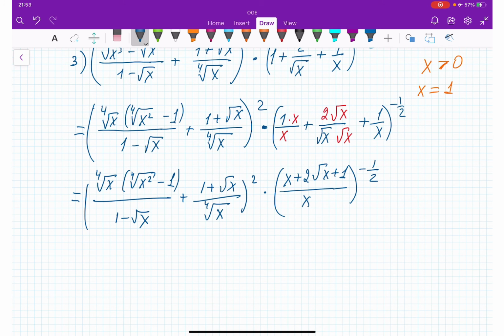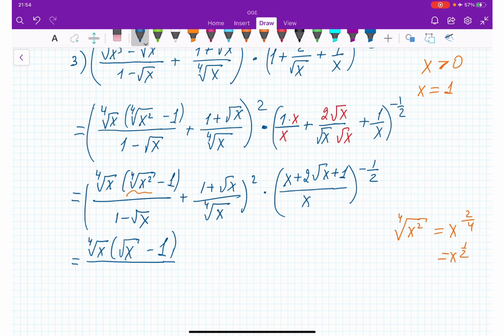So next, degree 4 of x. With this one, look here, degree 4 x squared. If I rewrite as a rational exponent, I'm going to get x to the 2 over 4, which is going to be equal to x to the 1/2. That means I can write down here square root of x minus 1.